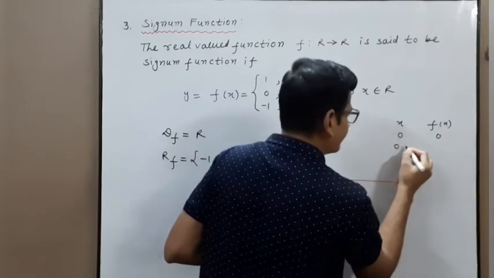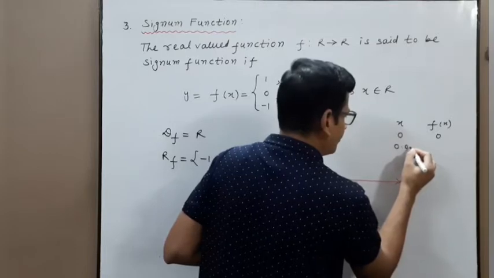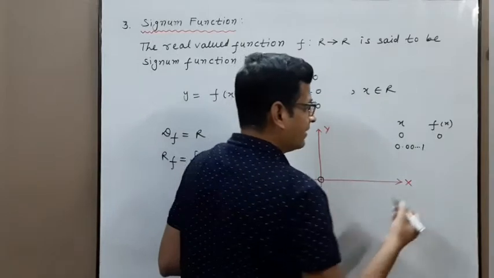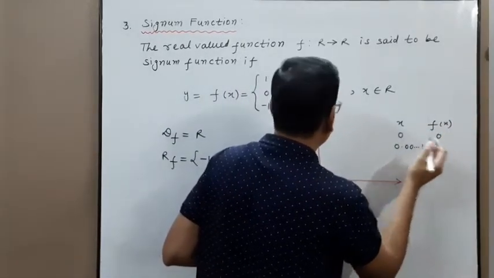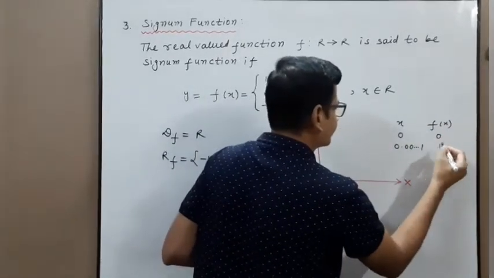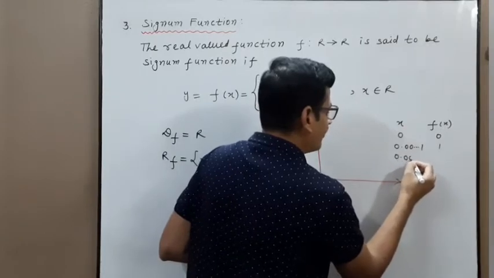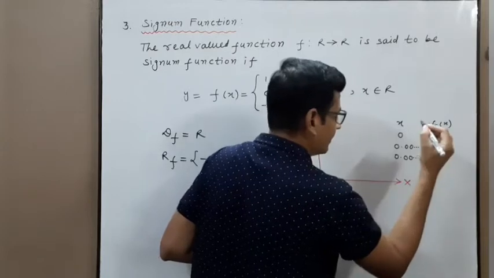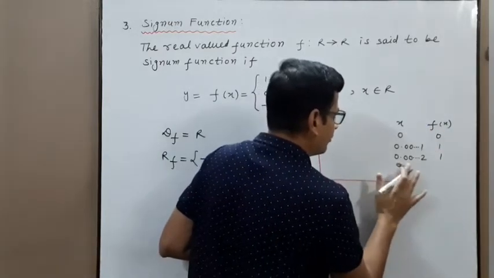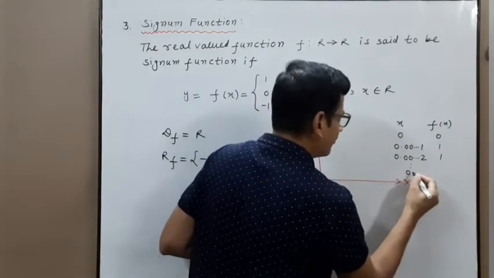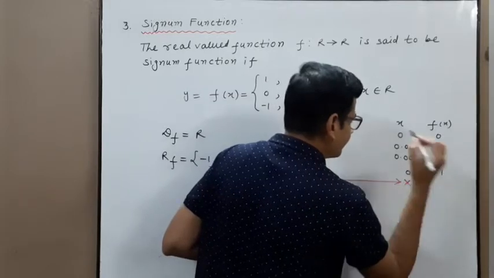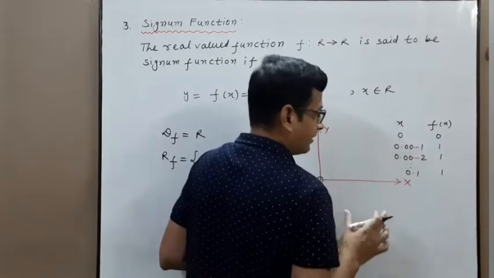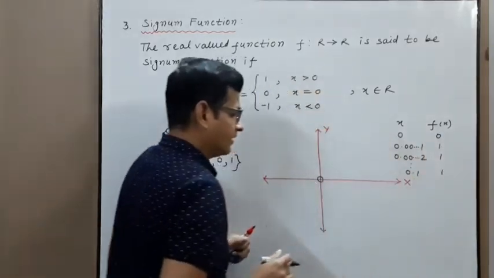For x equal to 0.0000001 and so on, the corresponding value of f(x) is 1. For x equal to 0.02, f(x) equal to 1. For x equal to 0.1, again the value of f(x) is 1. So for every x belonging to the positive real numbers, f(x) is 1.